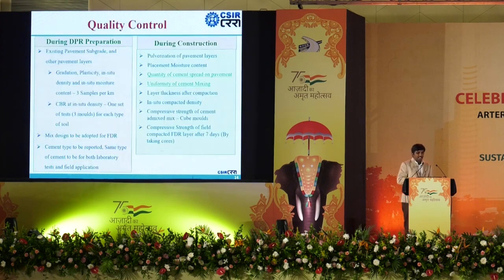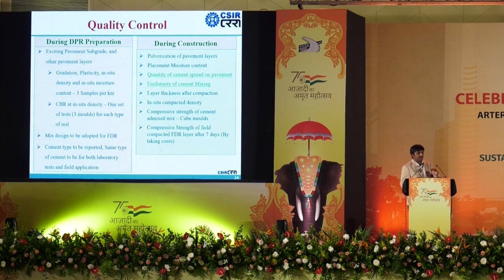So the quality control aspects during DPR preparation. We have to see what the existing pavement, subgrade and other pavement layers are. So the mix design to be adopted for FDR. Whatever cement type you are using, the same type you have to use in the laboratory also. During the construction process: pulverization of pavement layers, right placement of right moisture content, quantity of cement spread on the pavement, uniformity of cement mixing, layer thickness after compaction.